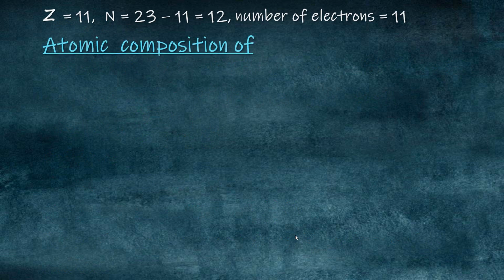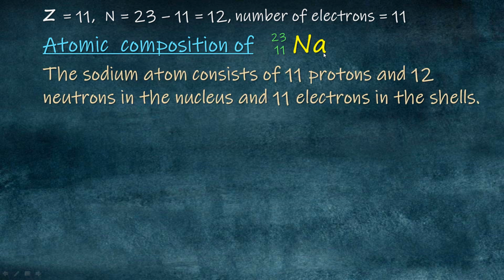Now, on the other hand, still maintaining the same information, the atomic composition of sodium-23, ²³₁₁Na, is stated this way. The sodium atom consists of 11 protons. How many neutrons did we calculate? When we subtract 23 minus 11, we get 12.